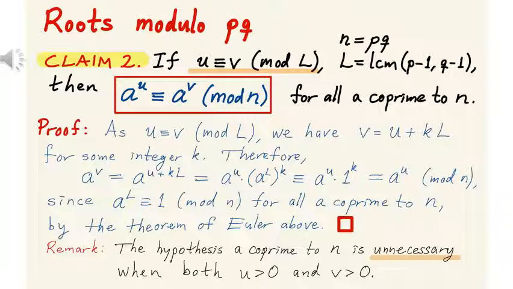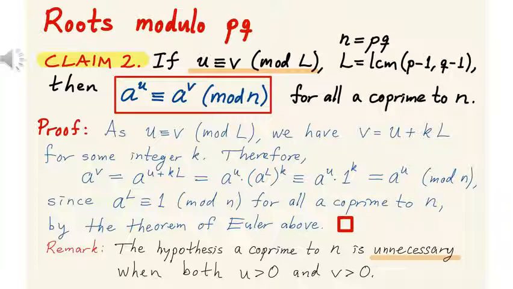And if you want to look at the details of the proof, they're written here on the slide. But in reality, all of this is a consequence of the fact that every element a has order dividing L, simply because a to the L is always equal to 1.